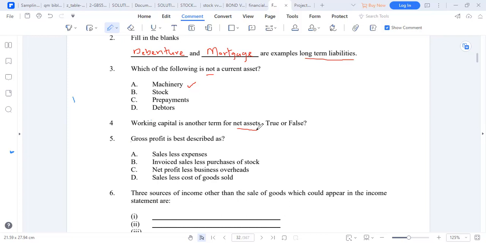True. Gross profit is best described as what? D. Sales less cost of goods sold. Yes, D, correct.